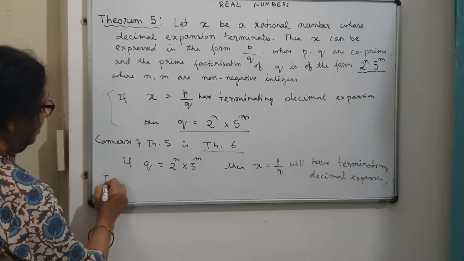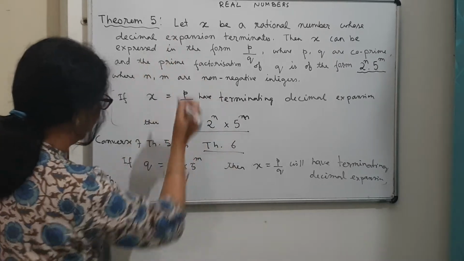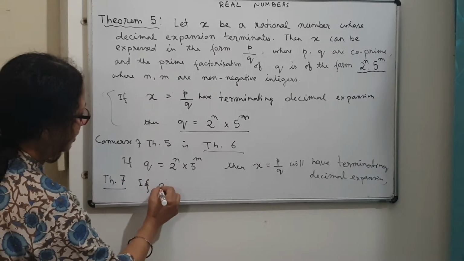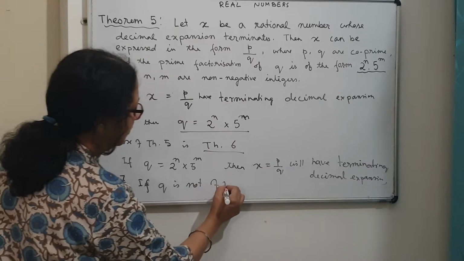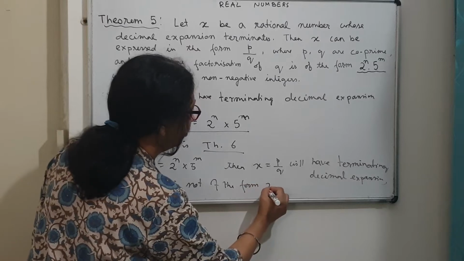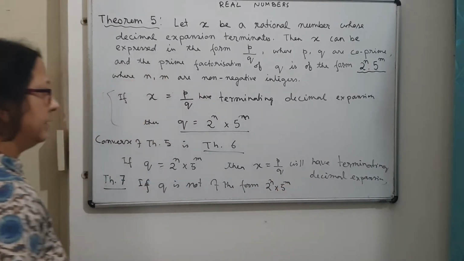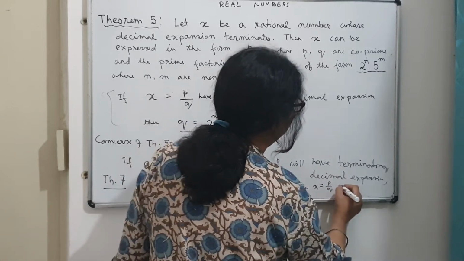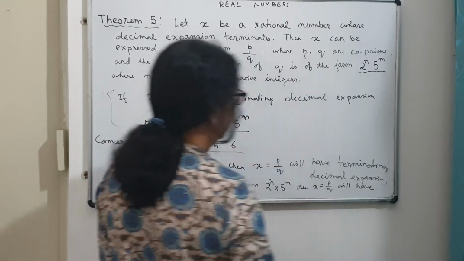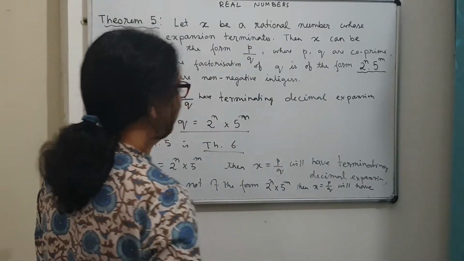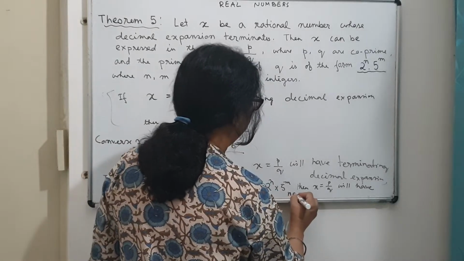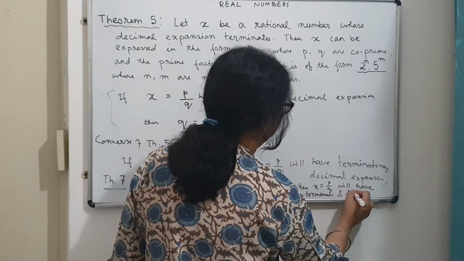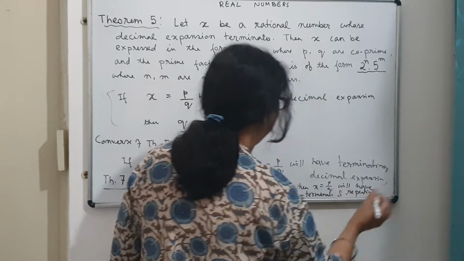This is theorem 6, the converse of theorem 5, and the last theorem of the chapter, the 7th theorem, is: if q is not of the form 2 to the power n into 5 to the power m, then x, p by q, will have a non-terminating but repeating decimal expansion.